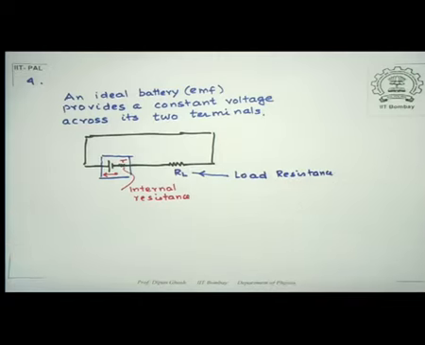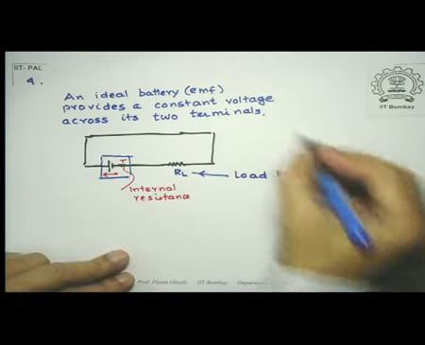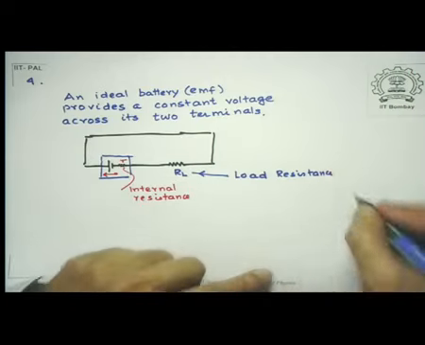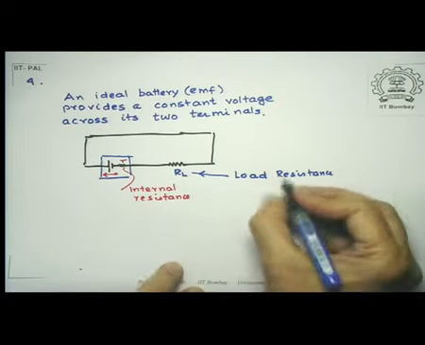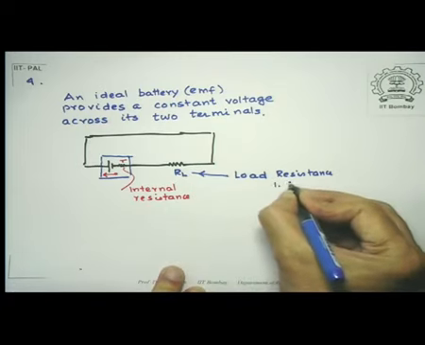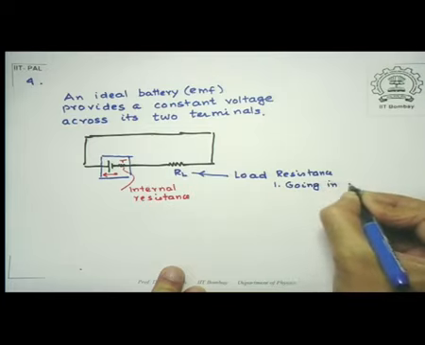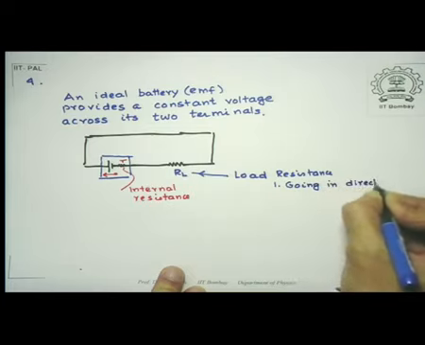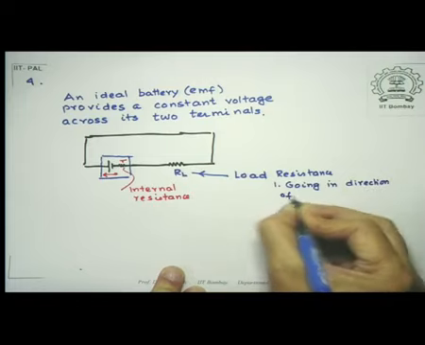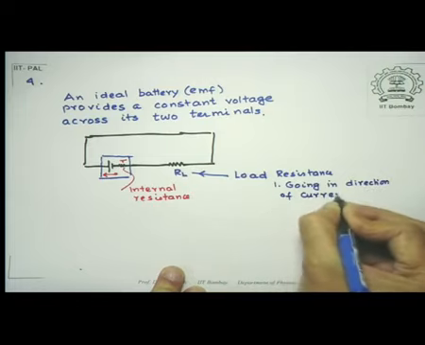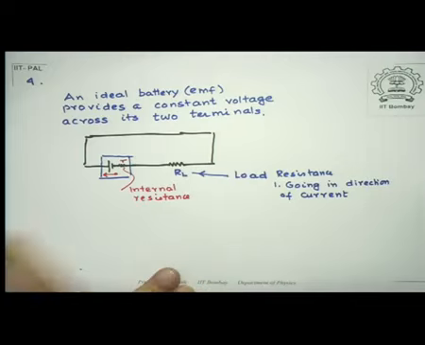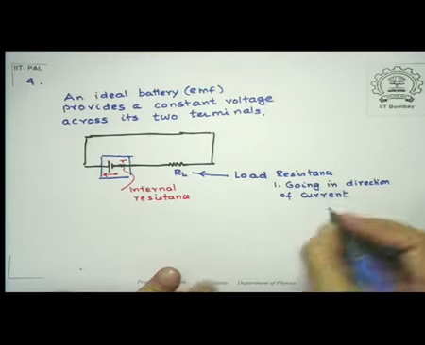So the rule is something like this, that supposing you go in the direction of current. Let me just quickly try to write this somewhere here. Going in the direction of current, as you go through a resistance, the potential drops by an amount IR.